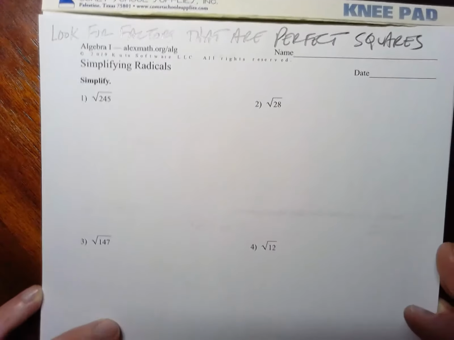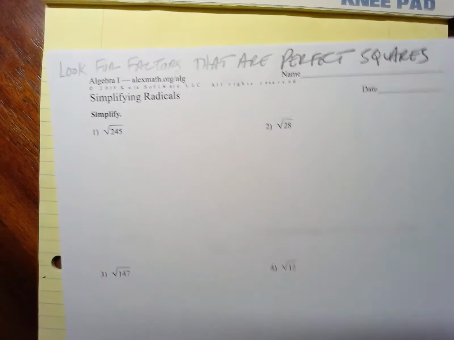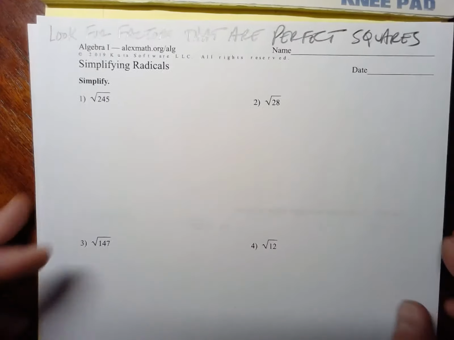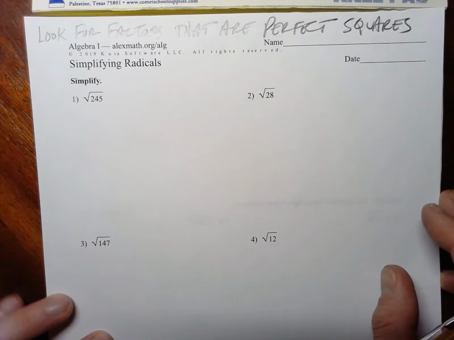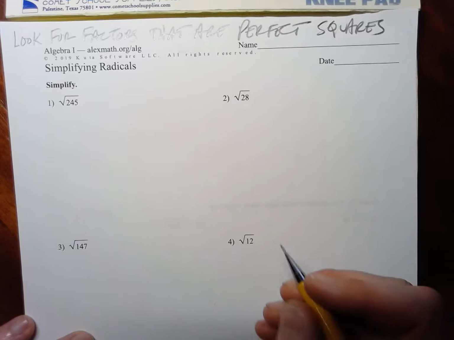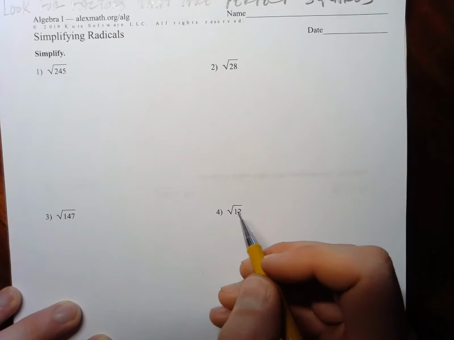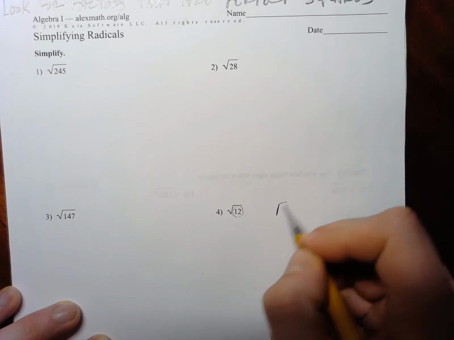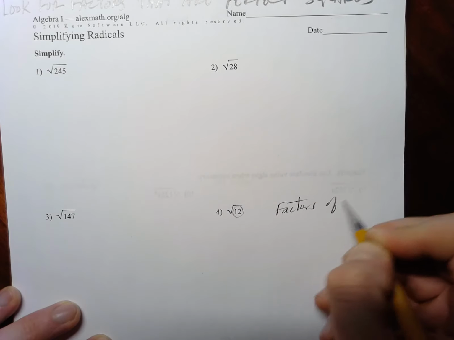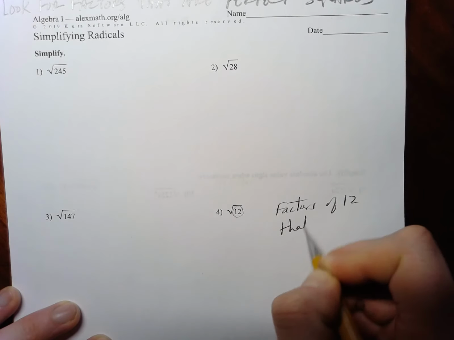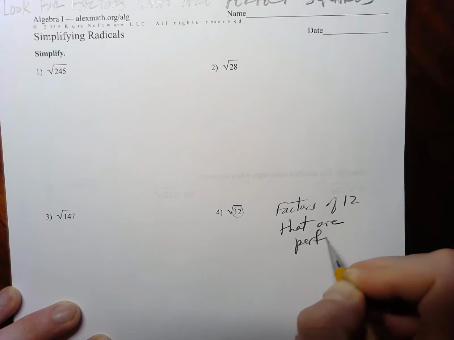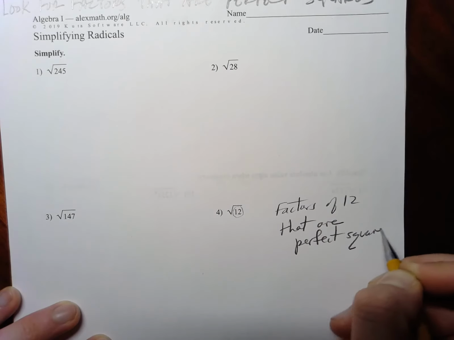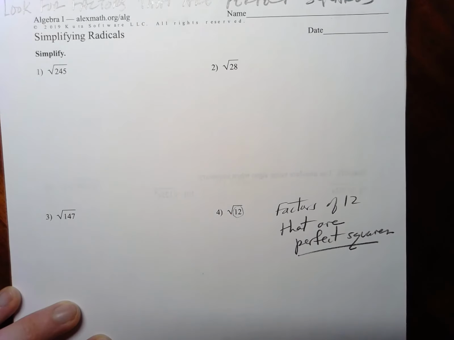Okay? So let's start with one that is maybe a little bit easier to get our head around. So I'm going to look at this one, square root of 12. I'm going to look for factors in here, factors of 12 that are perfect squares in themselves.